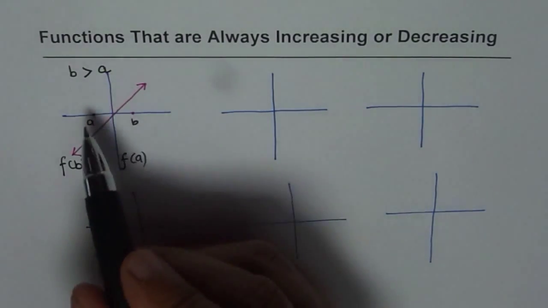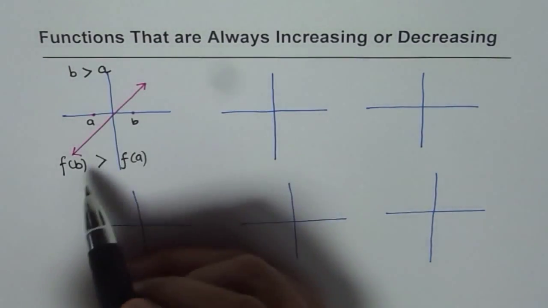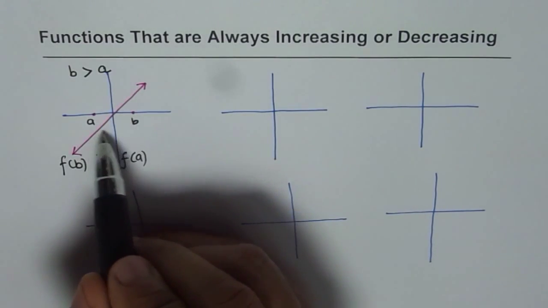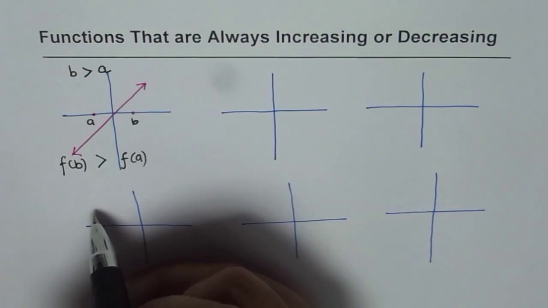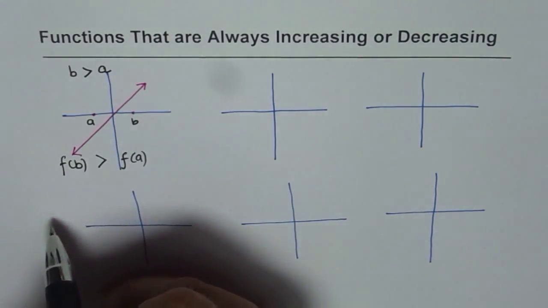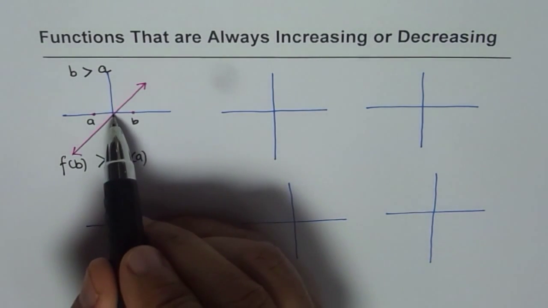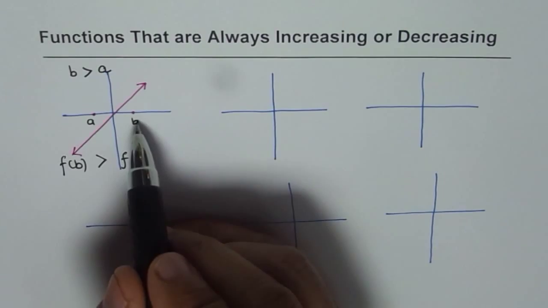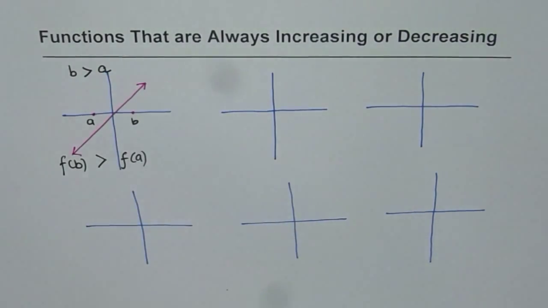Okay, so whenever you see a function, just test with 2 points, and if their values, for example, at a we have a negative value, for b we have a positive value, and a is any point to the left of b, every point to the left of b has a lower value than the point on the right, and therefore the function is increasing, right?